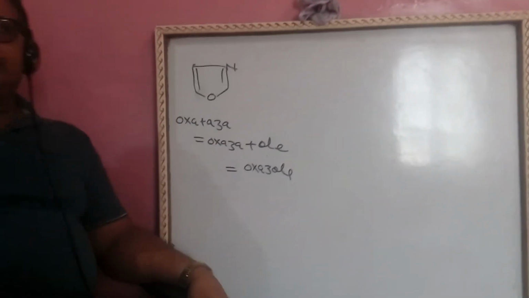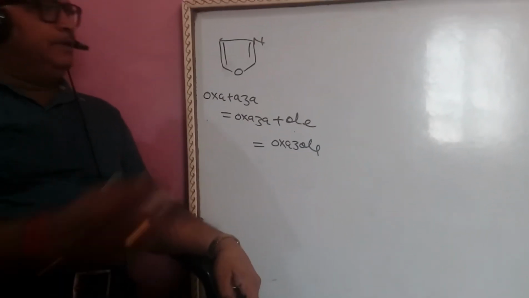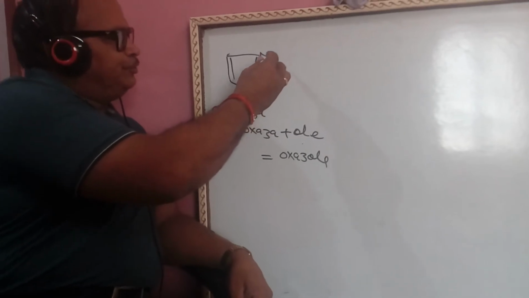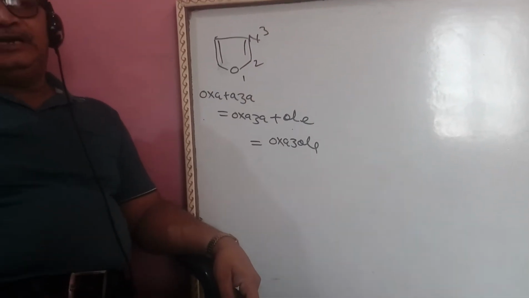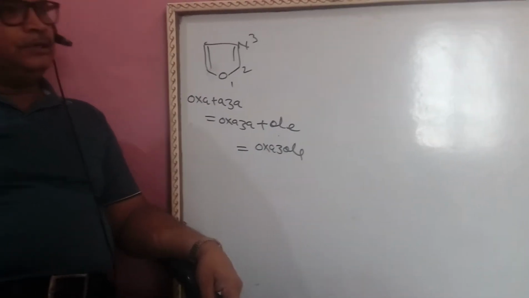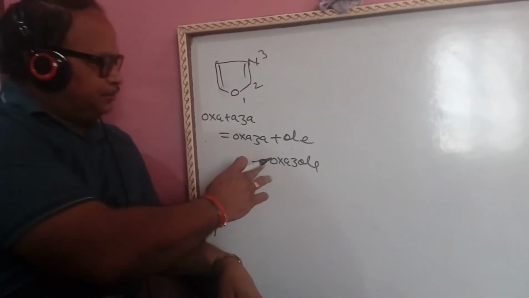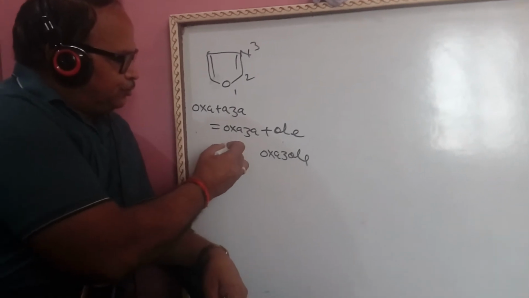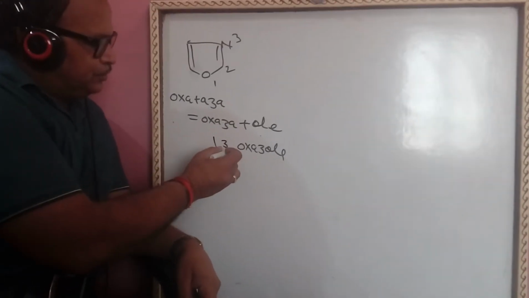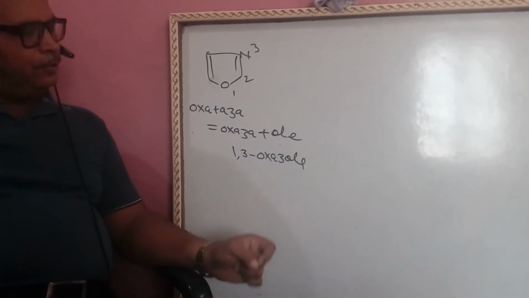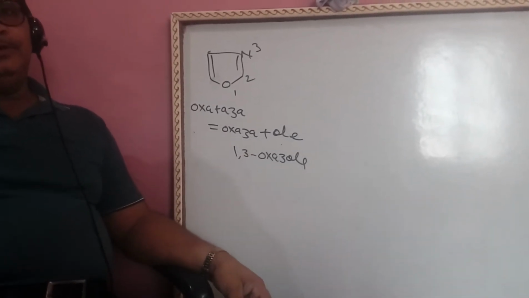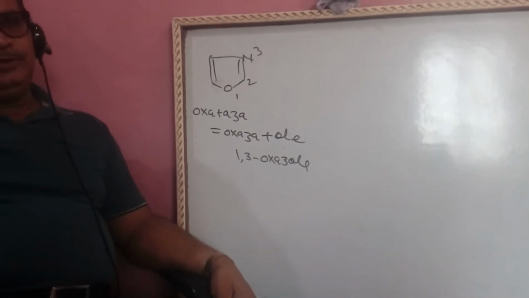Oxygen is present at number 1 position according to priority rules, and nitrogen is present at position number 3. So the locants 1 and 3 are also used before the prefix. So the overall name of this compound will be 1,3-oxazole.